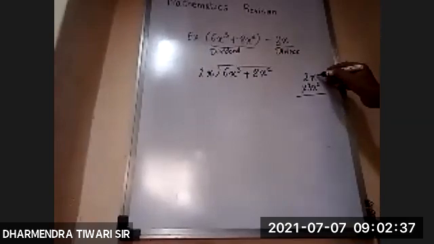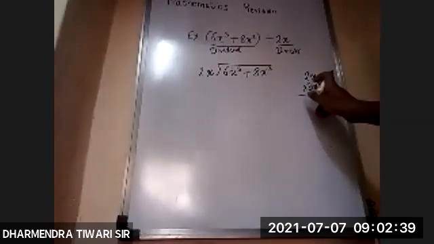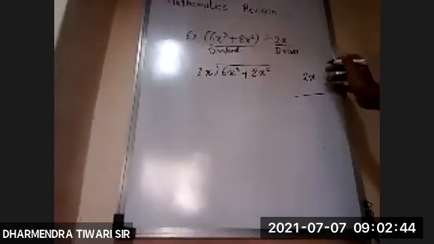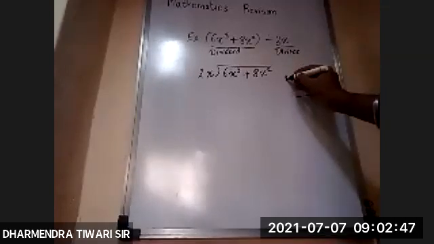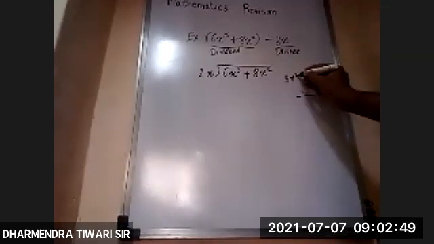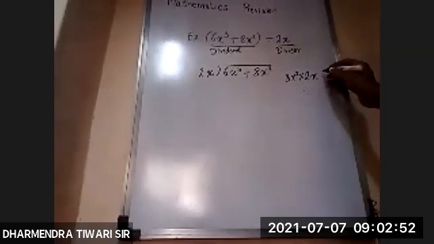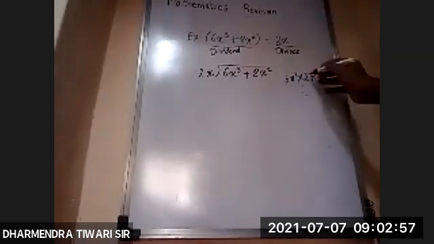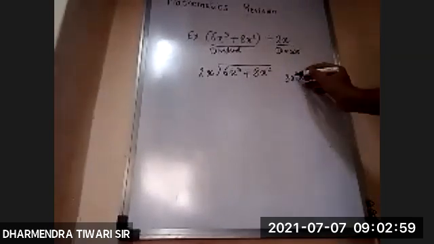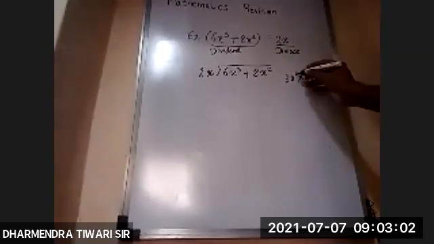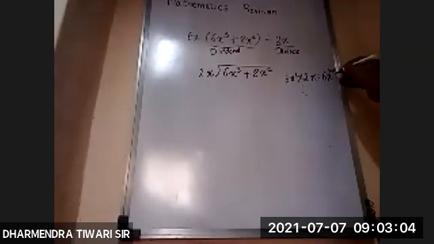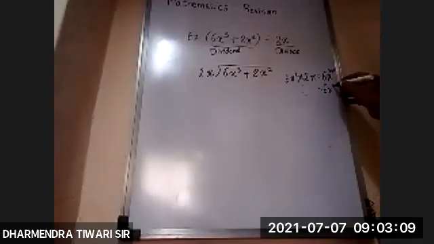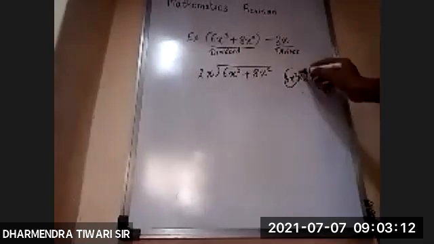Don't do this, you will get confused like this. Try it like this: 3 2s are 6, and here x square into x. As we know that the base is same, so x, and after that the index gets added up by the law of indices. What do you get? You get 6x cubed. So this is the term which is to be multiplied.